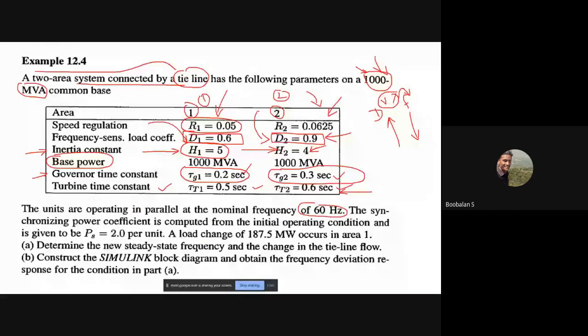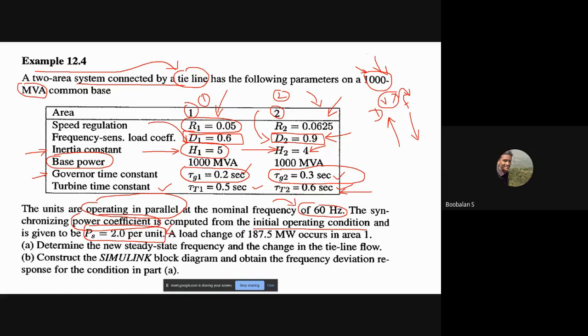We're just going to connect a tie line in such a way that both areas are operating in parallel at nominal frequency of 60. The synchronization power coefficient is computed from the tie line initial operating condition given. PS is now 2.0 per unit. So up to this we are just going to complete.